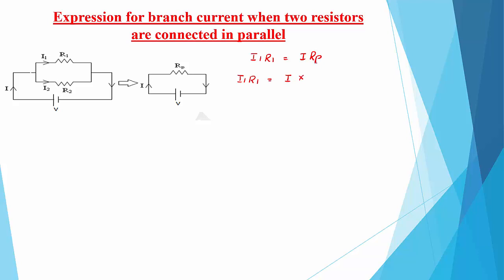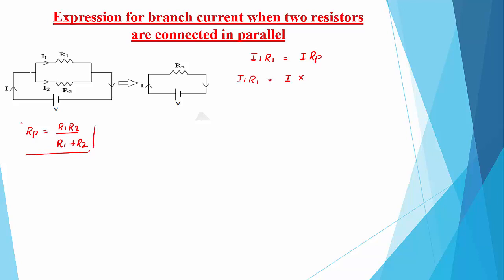In place of Rp, what is Rp? It is the equivalent resistance connected in parallel combination. So Rp means, for parallel combination, we can write Rp equal to R1 R2 divided by R1 plus R2.